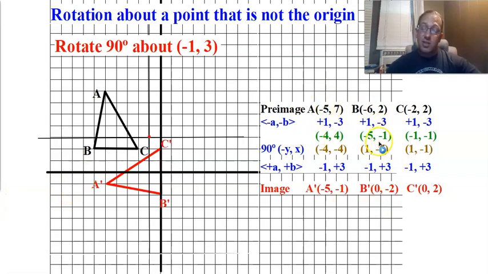This is how you do it algebraically. And this one does take a bit of work, I'll admit. Not the fastest thing to do, but it can be done algebraically. It just takes a bit of time. So again, first you do a translation. You subtract this point from each of our vertices. Then you do the rotation, whatever the rotation rule is, whether 90 degrees, 180 degrees, or 270 degrees.